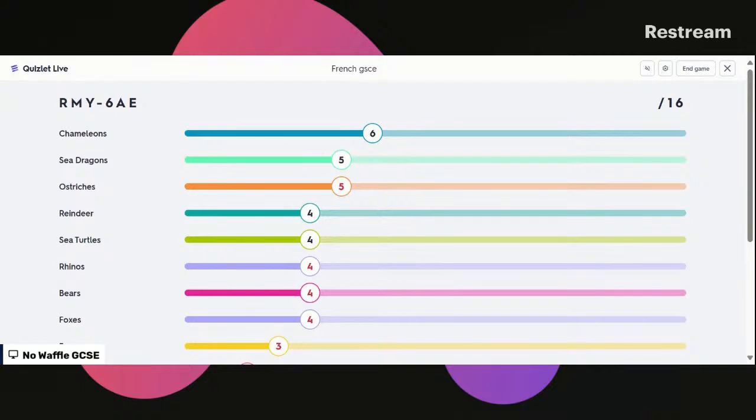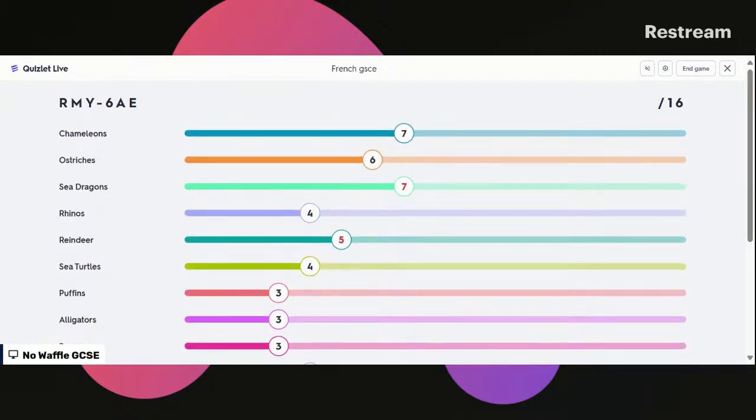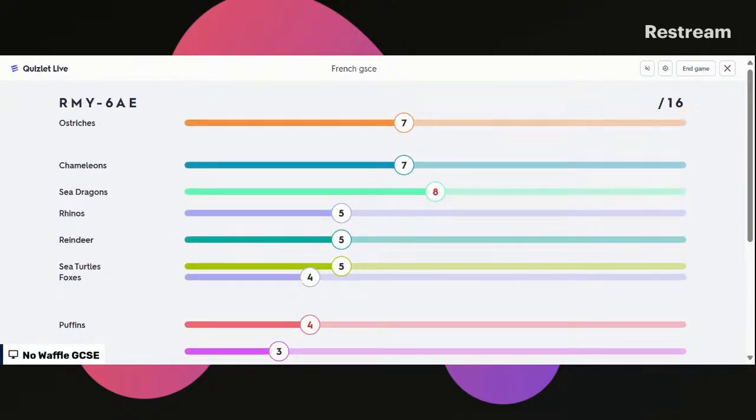Chameleons seem to be winning it and sea dragons. Chameleons are in the lead. All sea dragons are taking it. I hope you're finding this helpful. I don't really know how it looks like on your screen.